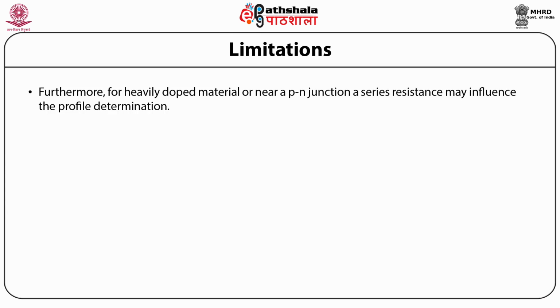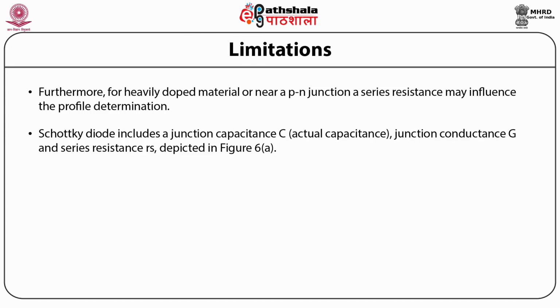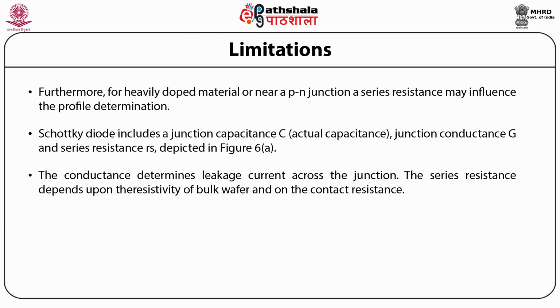Furthermore, for heavily doped material or near a p-n junction, a series resistance may influence the profile determination. A Schottky diode includes a junction capacitance C, a junction conductance G, and a series resistance Rs, depicted in Figure 6a. The conductance determines the leakage current across the junction.